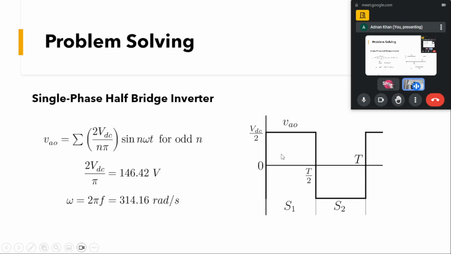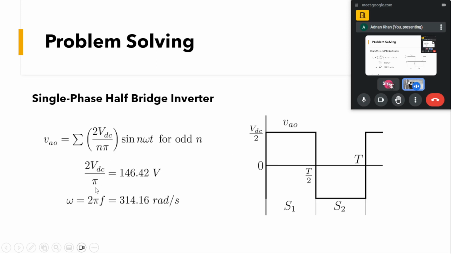So we know the VO can be represented as a summation of 2VDC by n pi sine n omega t. This is the peak value, and this will be the subsequent harmonics. So we will see what will be the peak value of this 2VDC by pi for the first harmonic.